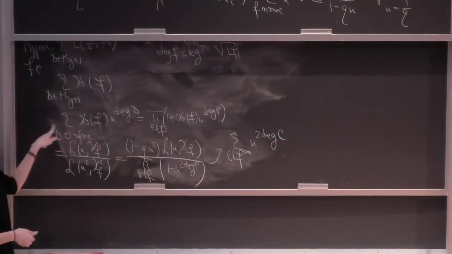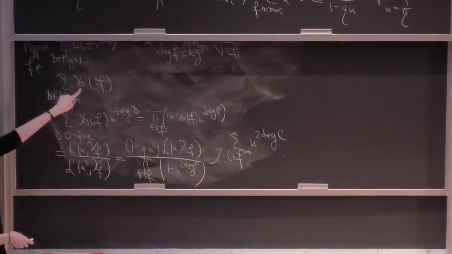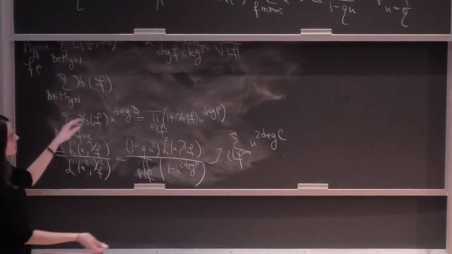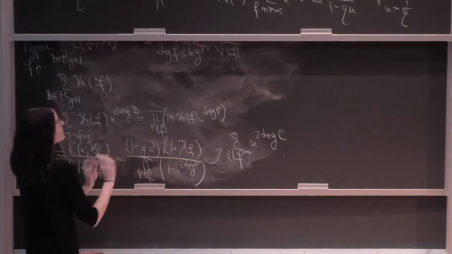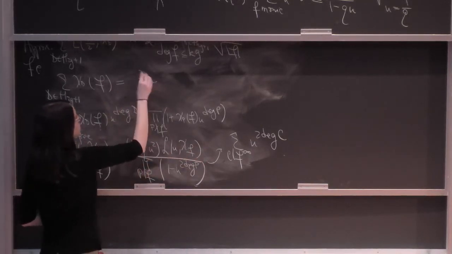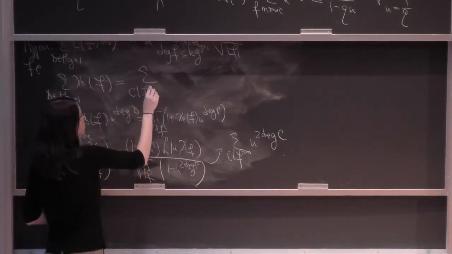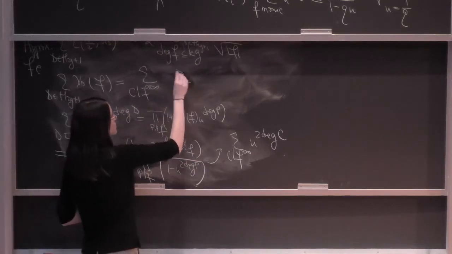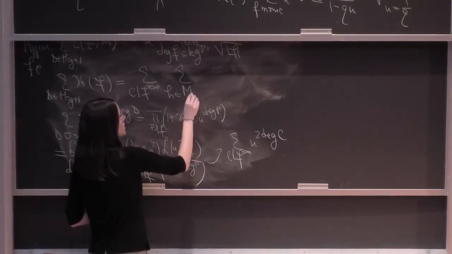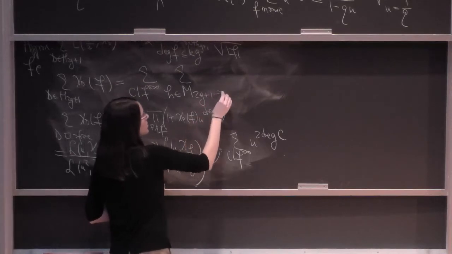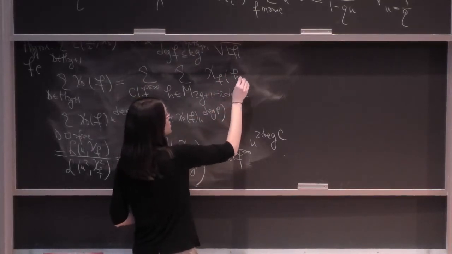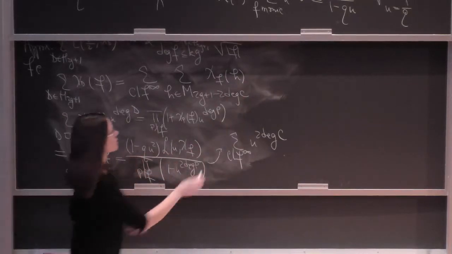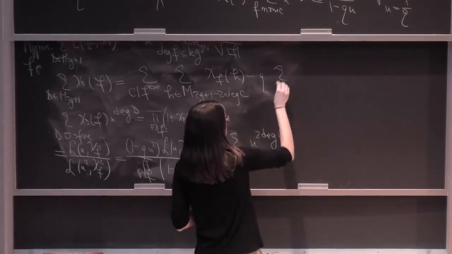So if I want to evaluate this sum over polynomials of degree 2g plus 1, all I have to do is look at the coefficient of u to the 2g plus 1 in here. So this will be a sum over monics, a sum over c whose primes divide f, and then a sum over monics h of degree 2g plus 1 minus twice the degree of c, of chi_f(h). And then I have a difference over here, so I need to subtract a similar term.